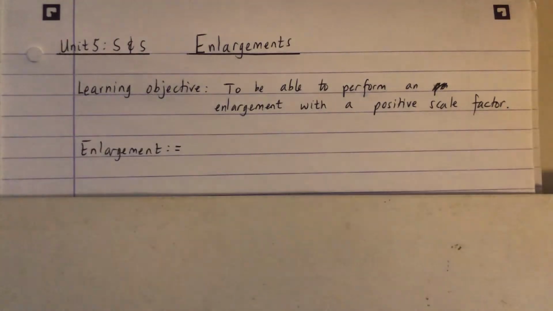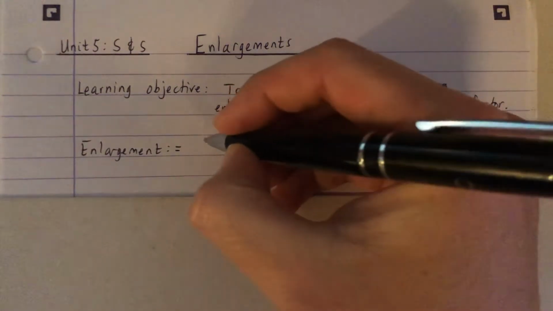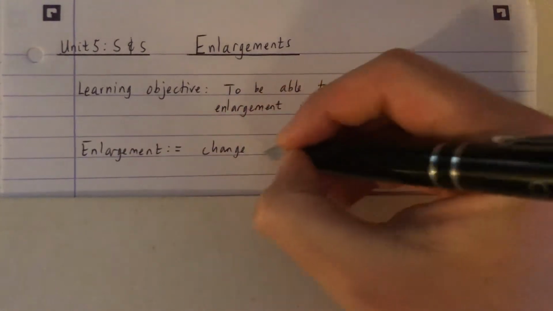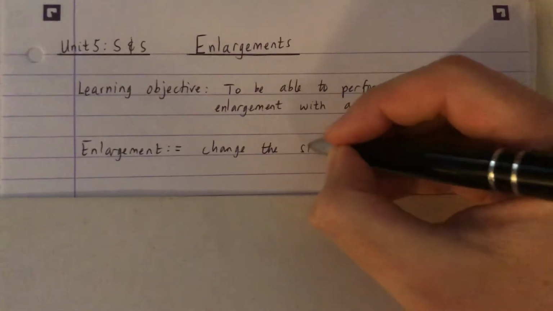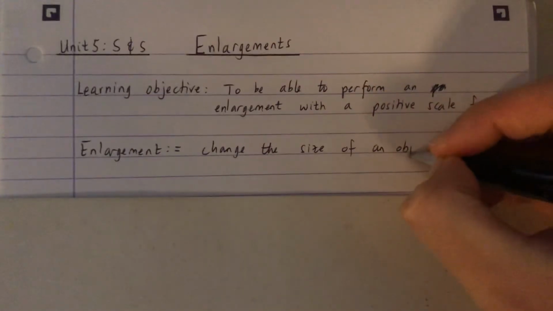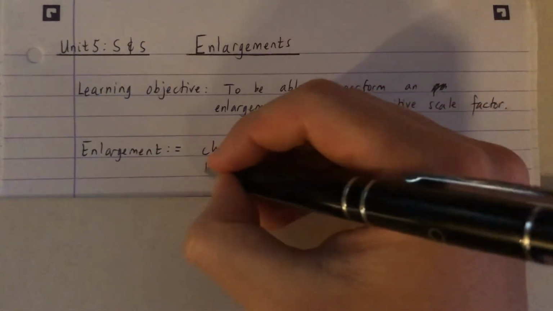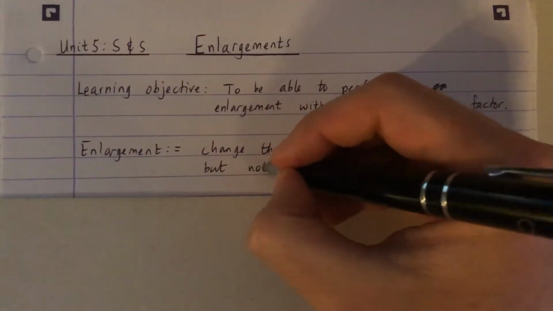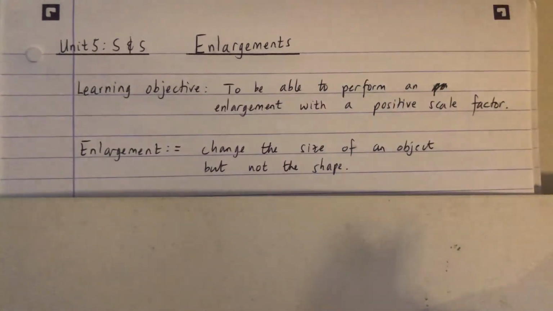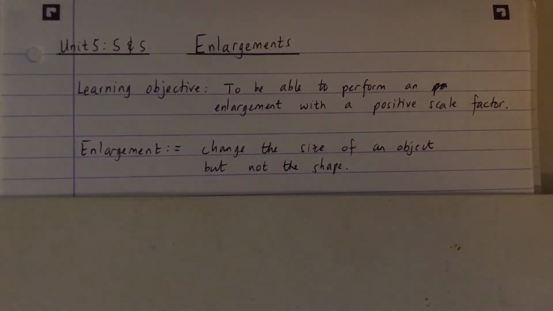Now, the definition of an enlargement is pretty intuitive, so it changes the size of the object, but not the shape. In other words, the shape is in the same scale.